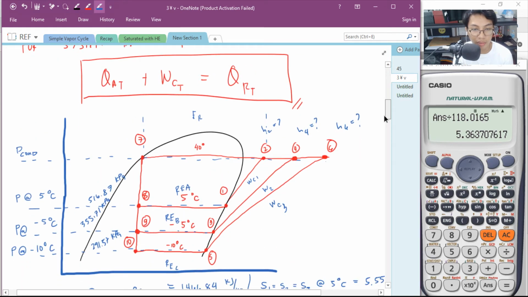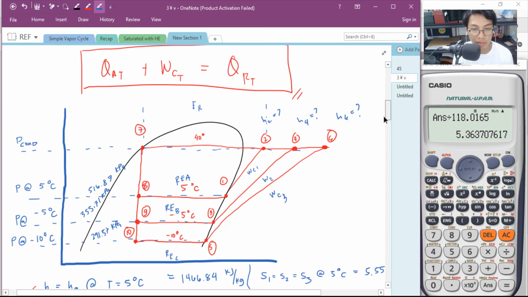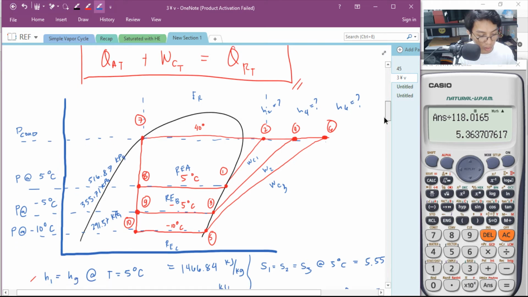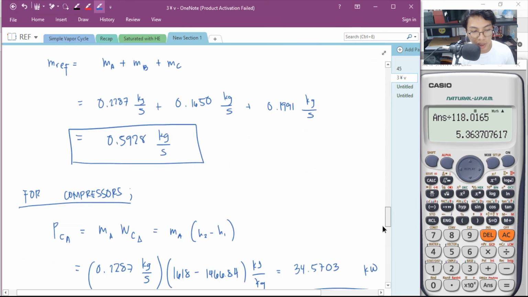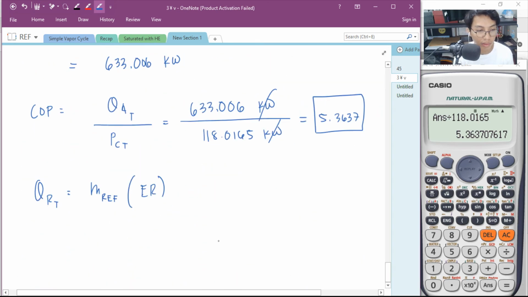Papasok sa kanya H2, H6, H4, ERA, ERB, ERC. So, total mo lang naman yun. Mag-iisa-isa ka pa rin naman.